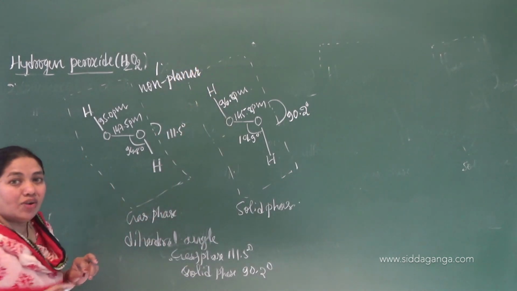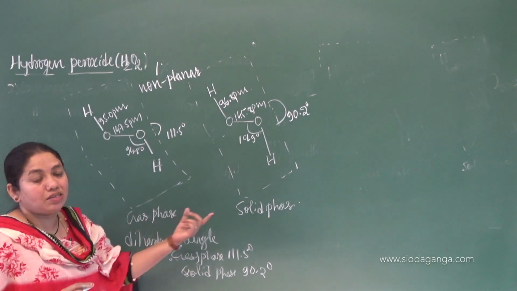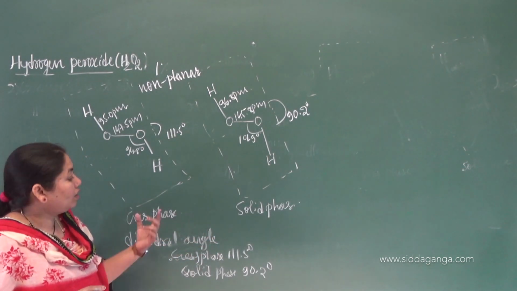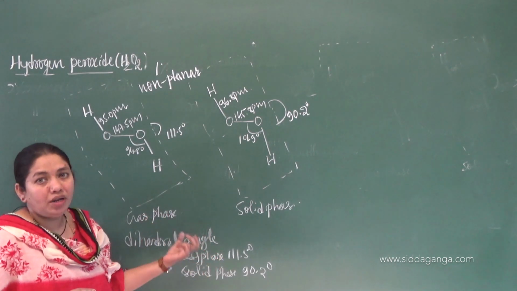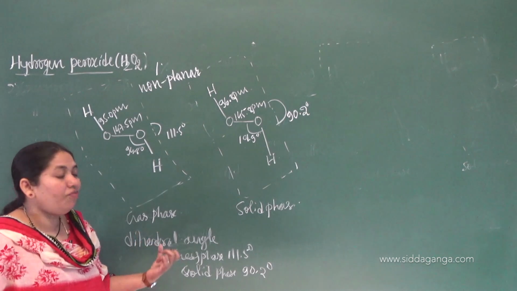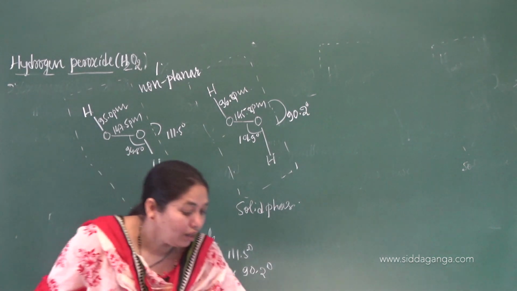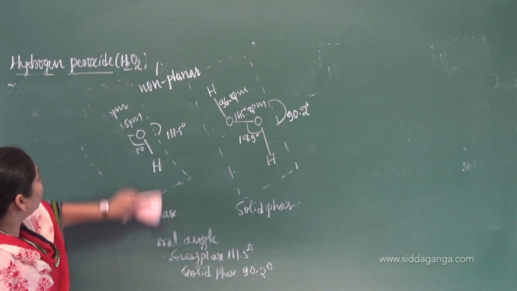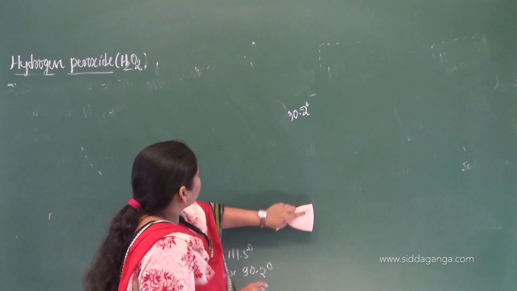Hydrogen peroxide has a non-planar structure which exists in both gaseous as well as solid phase. The dihedral angle in the gaseous phase is 1.5, and in the solid phase it is 90.2 degrees, right?